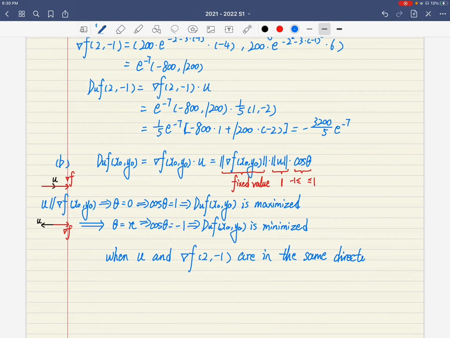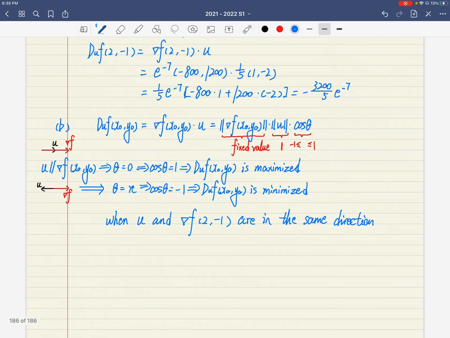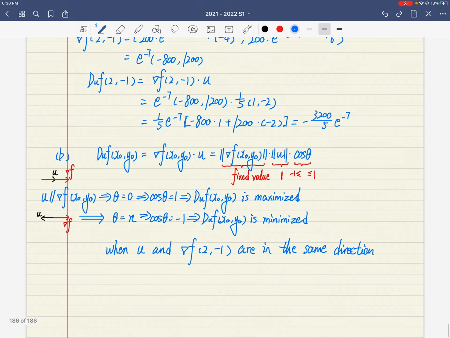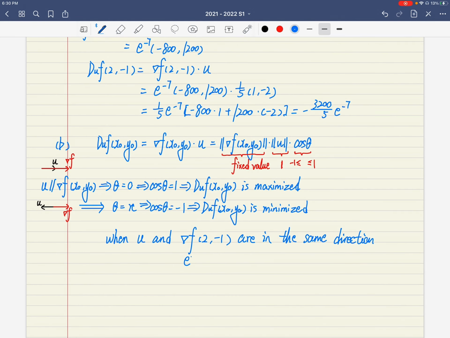What is this gradient vector? We've already got it. It's e to the power of -7 times (-800, 1200).